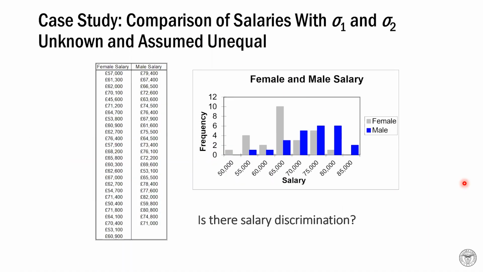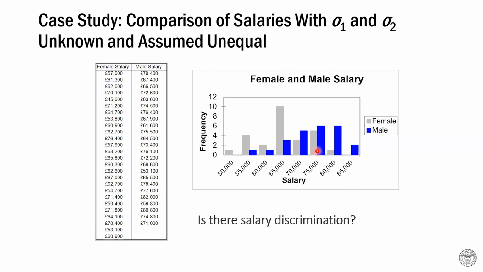Now, we are going to demonstrate how to use Excel to conduct the hypothesis test for the difference of two means. In this case, there are two samples about female and male salaries. We first use a histogram to illustrate the salary distribution of the two groups.